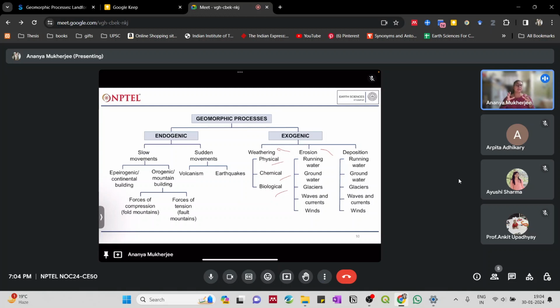Biological weathering, as I had given the example, is when animals burrow, they form burrows, so there is some physical as well as a biological element playing. Some creatures secrete something, which may cause some changes in the chemical composition of the rock itself. Then that would come under biological weathering.